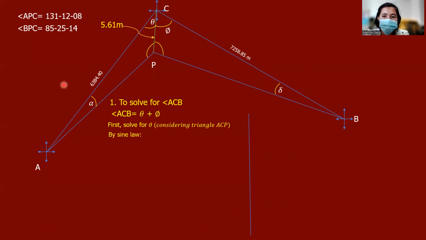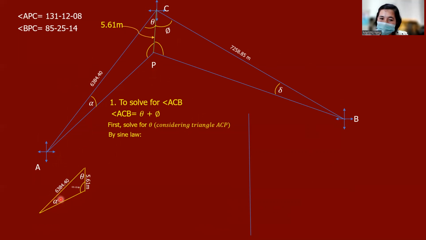So by sine law, since we already have the distance here and the distance 5.61, and this angle here, which was measured at the eccentric station, we can use the sine law since we have a distance opposite this one, then another distance opposite this one, and then we can get alpha.